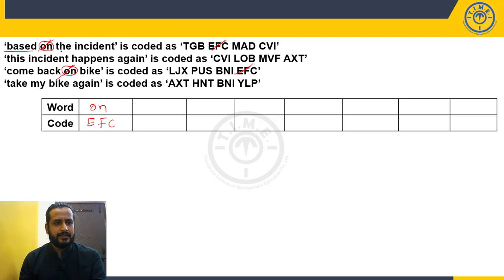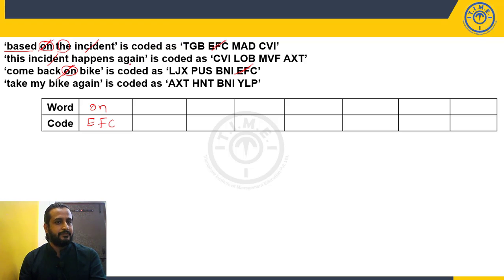Now the next word, the. Do you have this word common anywhere? No, I can't see it in any of the other statements, so you cannot find it. Okay, fine. Incident, yes. I have it in statement 1 and statement 2. So in 1 and 2, other than incident, is any other element common? No, no other element is common. Here we have based, the. On is already ruled out. This incident happened.